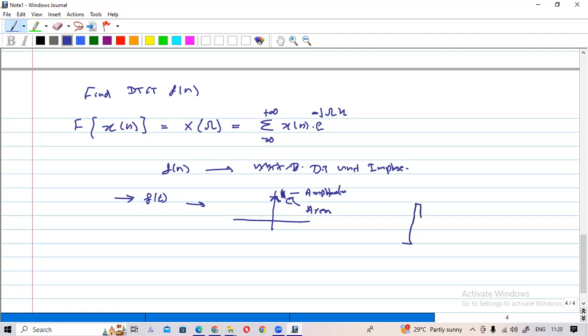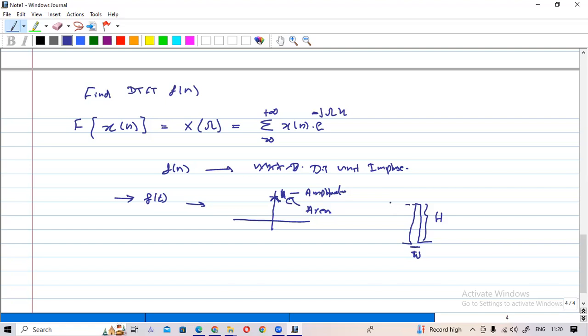If we have a pulse, we definitely should have a width, that is the time duration, and there should be a height also, that is the amplitude.